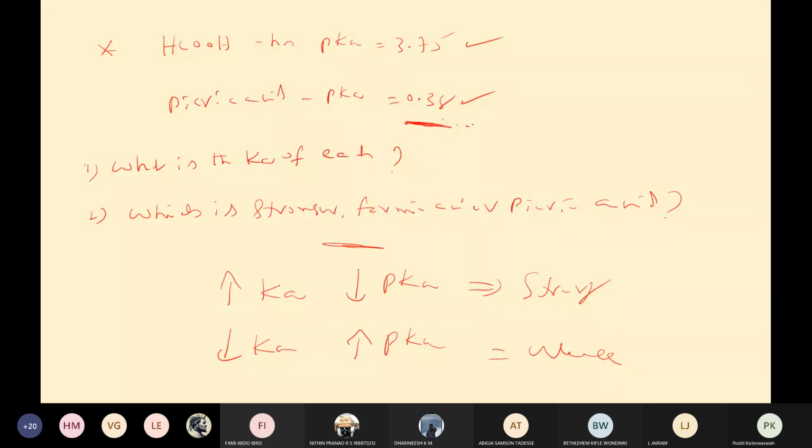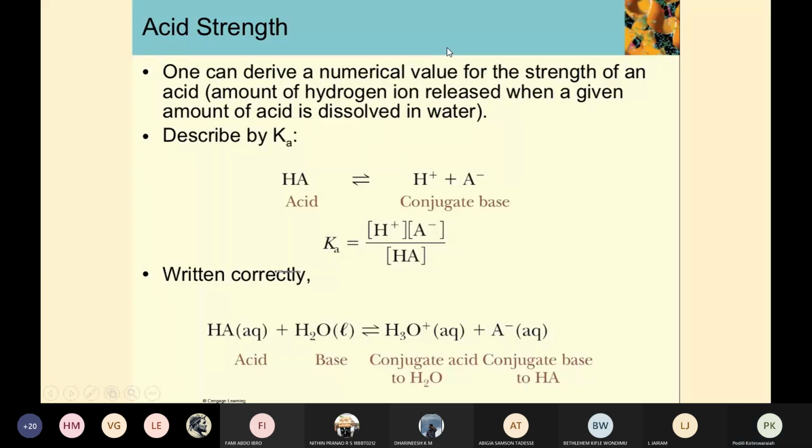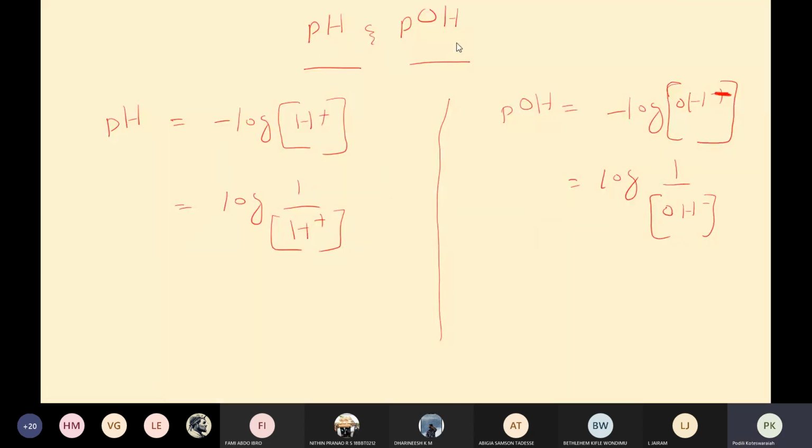And I think with this, you will be able to understand any numerical that comes based on pKa and Ka. Coming to the next, according to the syllabus, we have the definition of pH and pOH.